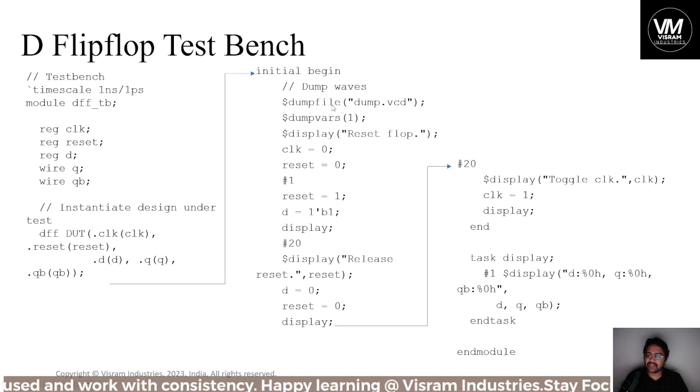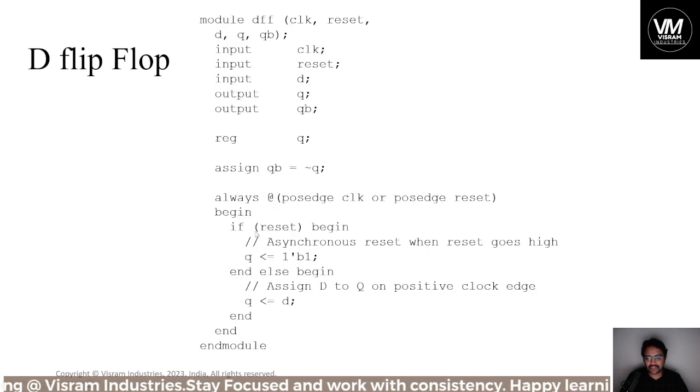You are here initializing the output waveforms, and initially clock is 0, reset is 0, everything is 0 at the starting point, and after 1 nanosecond reset changes to reset is equal to 1. Why reset is equal to 1? Because we are checking the if block.